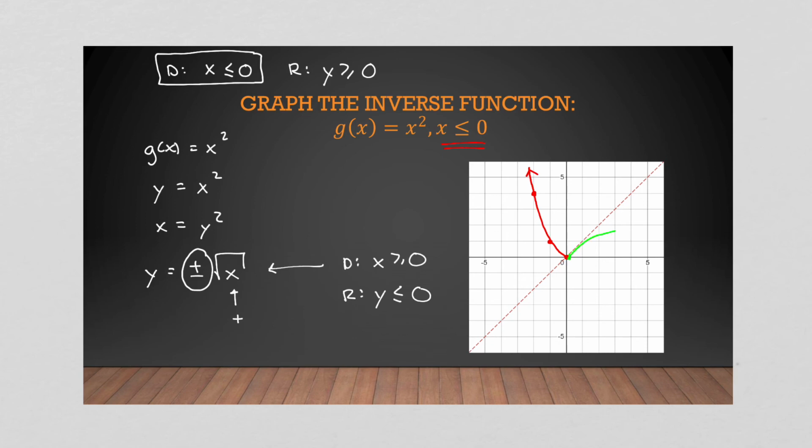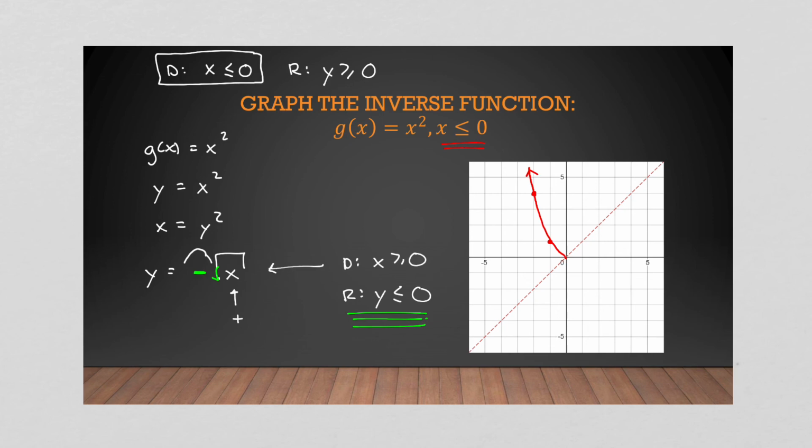So it would give me something that kind of looks like this, right? But I'm restricting my domain so that I'm only going to have negative outputs. That is what allows me to graph this inverse. I'm only going to keep the negative portion of my radical because I have to satisfy my range restriction.